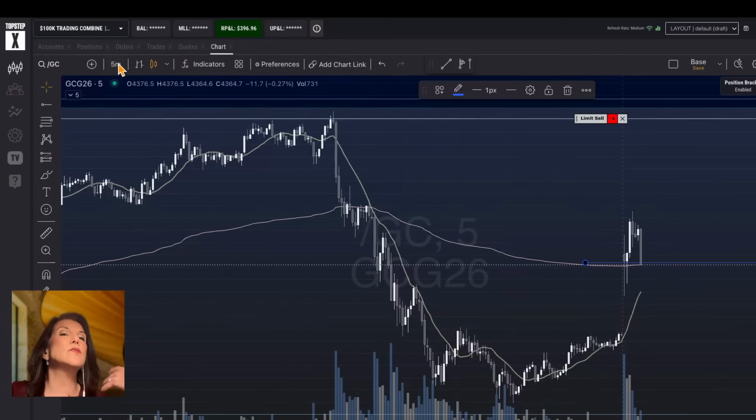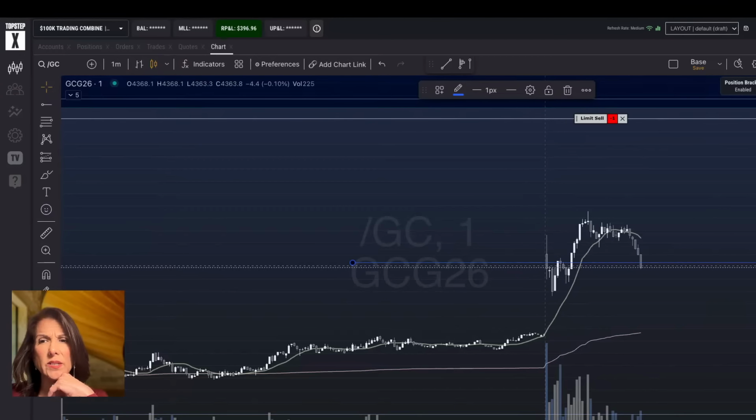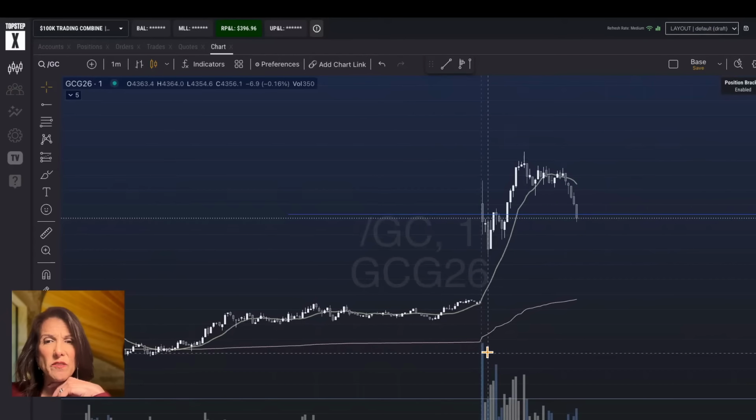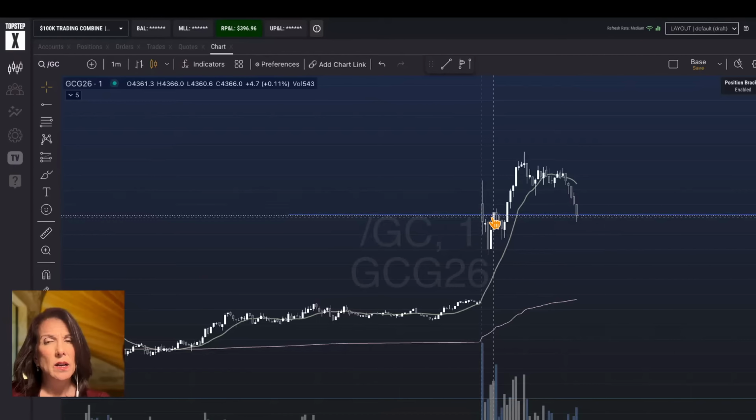Let's take a look at a 2 or 3 minute. Now, you know what? Let's drill down and look at a 1-minute formation and see. Look at the volume, right? So we have a big volume event. It was bearish. Candlestick formation holding here.